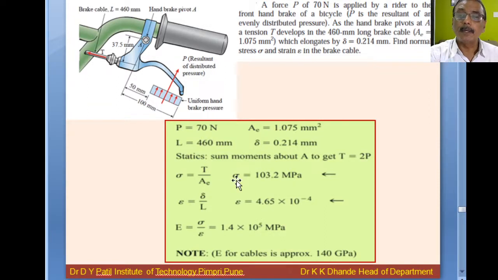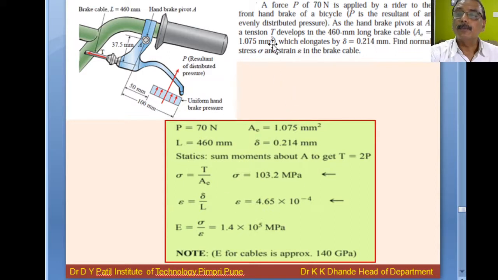So sigma is equal to 2 into 70, that is 140, divided by 1.075 mm square. After calculations, sigma is equal to 103.2 megapascal. Now, is it clear? Sigma.